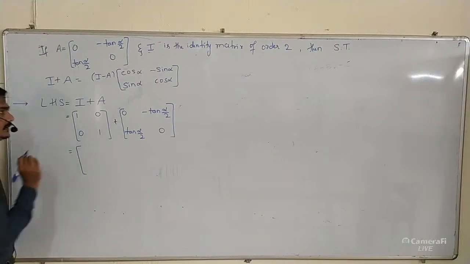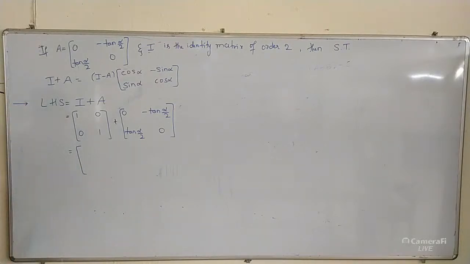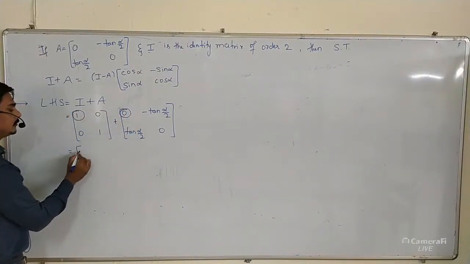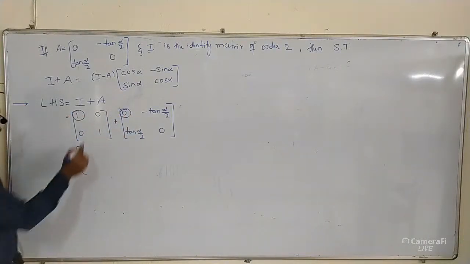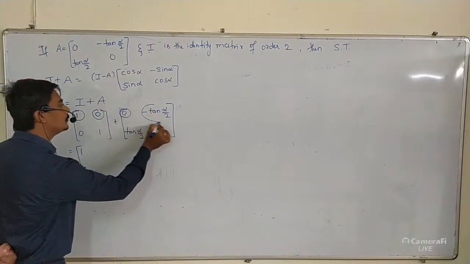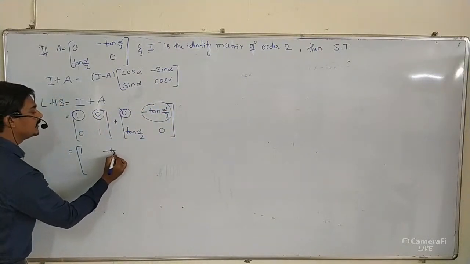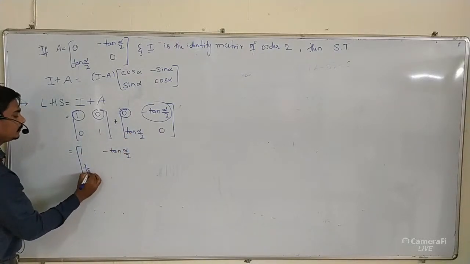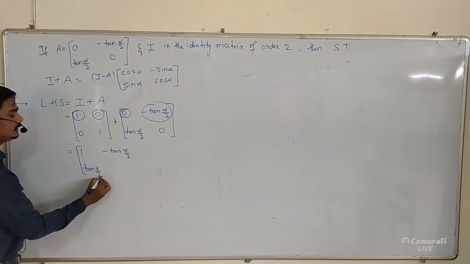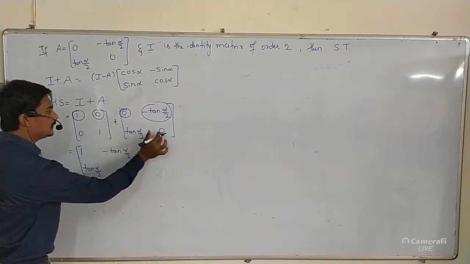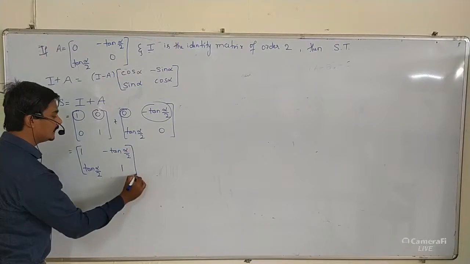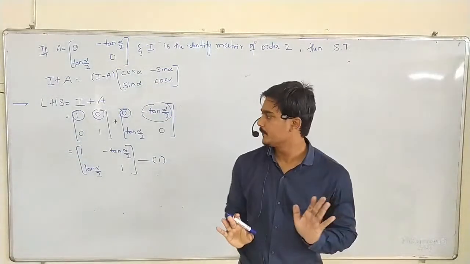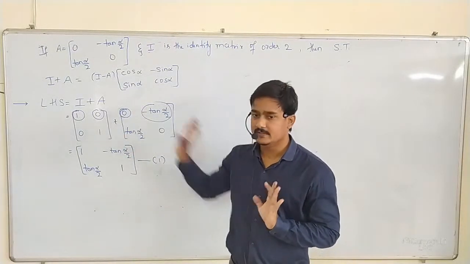Let us add these two matrices by adding the corresponding elements. 1 plus 0 is 1. This is 0 minus tan alpha by 2. We get minus tan alpha by 2. 0 plus tan alpha by 2 is tan alpha by 2. 1 plus 0 is 1. I will call it as equation number 1. So we have found out LHS.